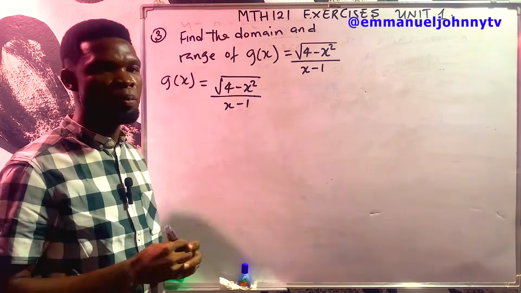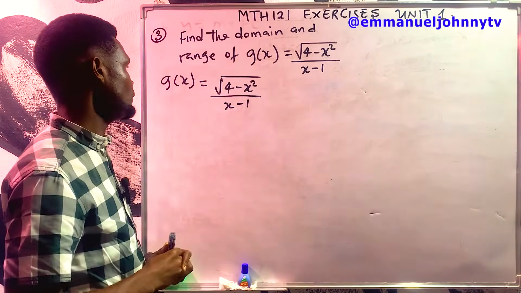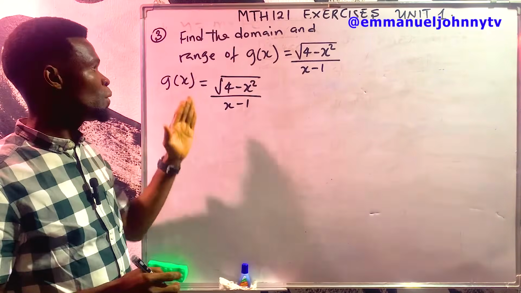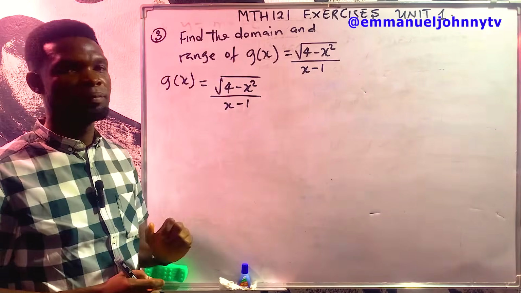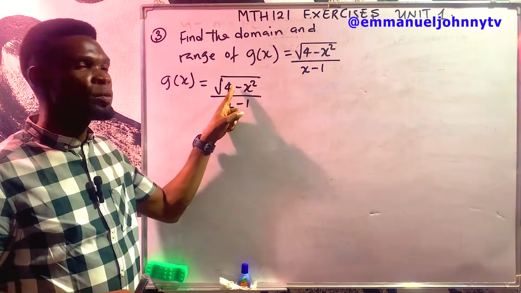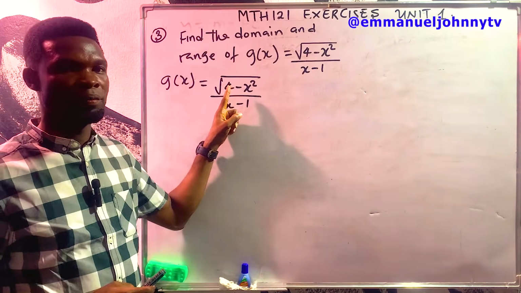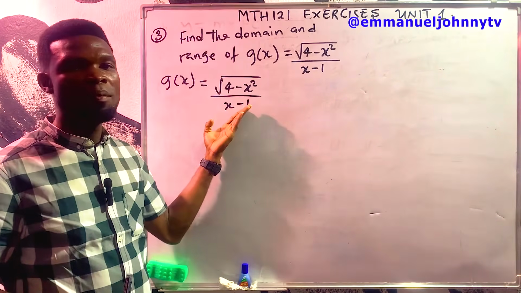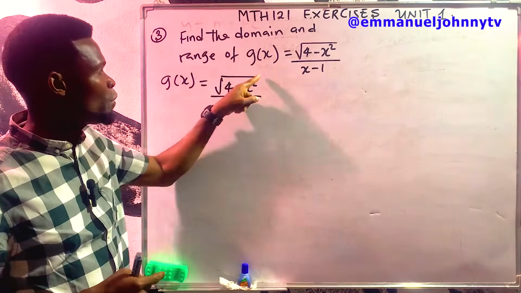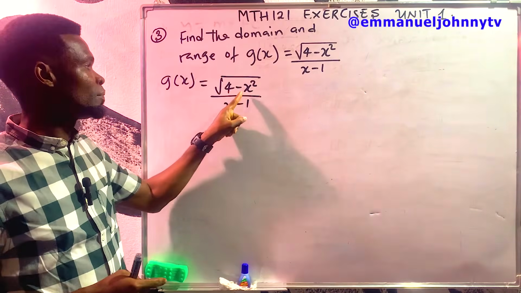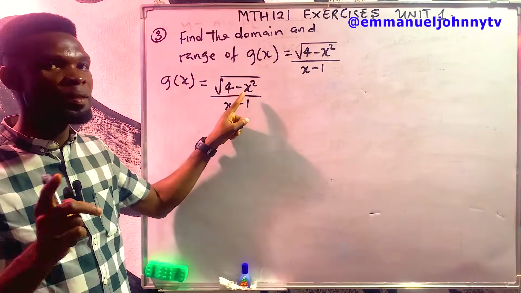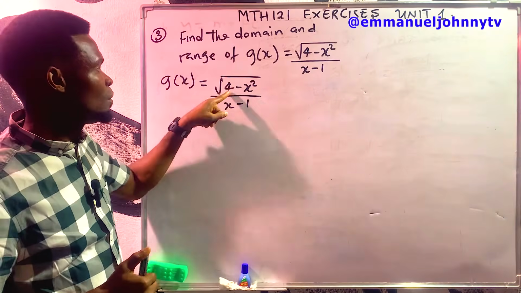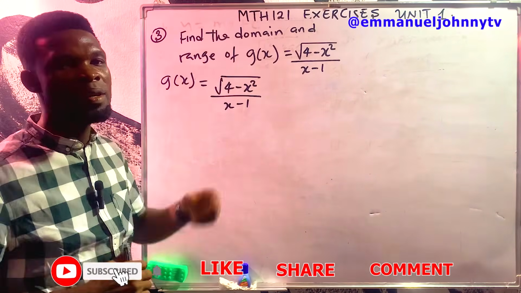We want to find the domain of this function. Now, there are things to look at. First of all, this is a rational function. The numerator is a root function, and the denominator is a normal linear function. But the fact remains that for a root function to exist, please note, like I said in the previous video, that what is inside can never be negative.